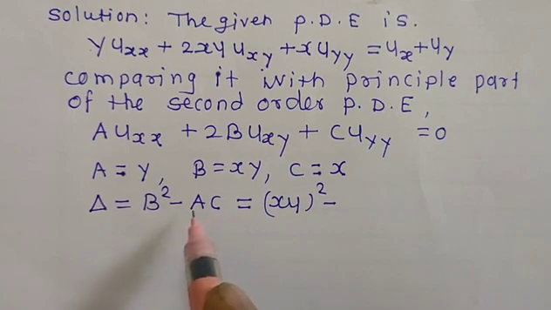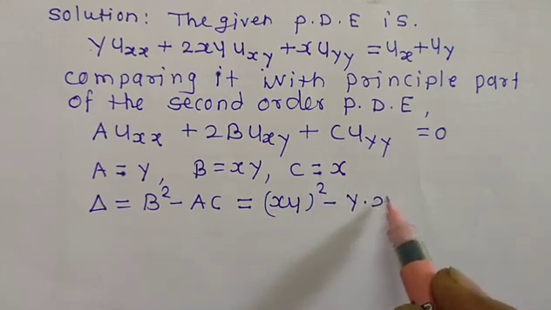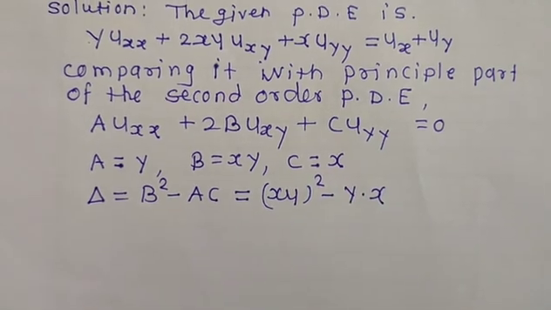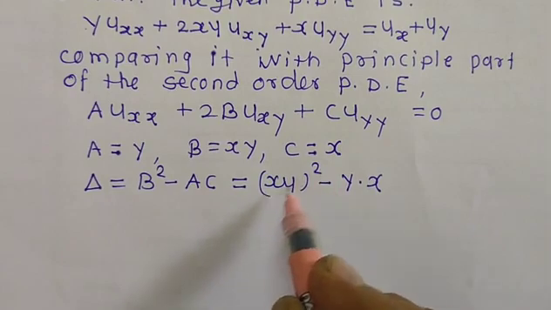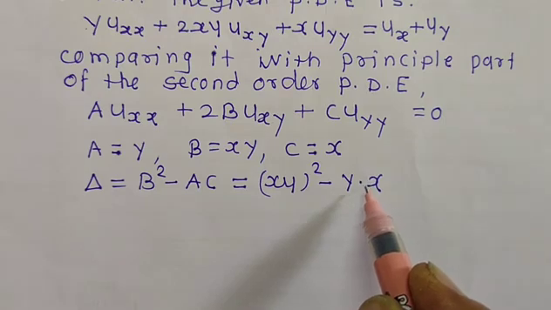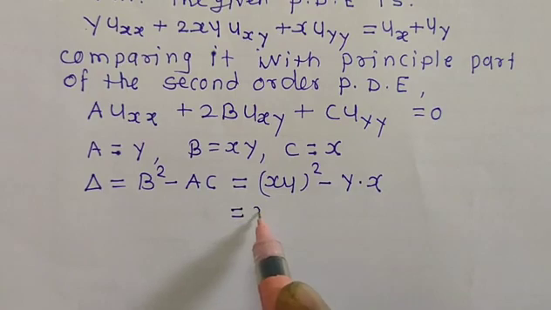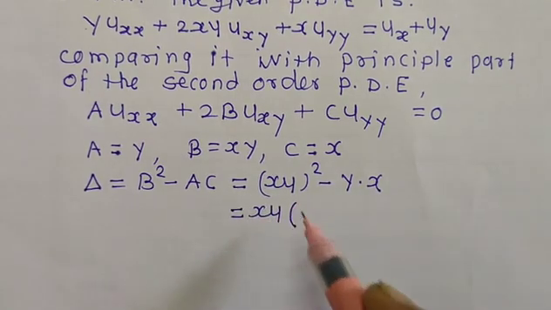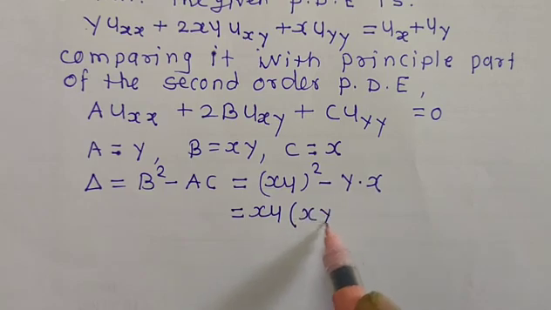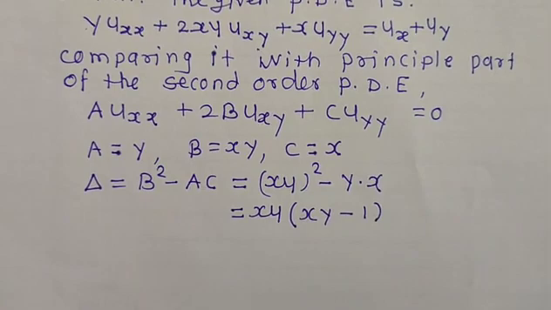AC, A is Y and C is X. In short, X square Y square minus XY. So if you take XY common, you will get XY minus 1.